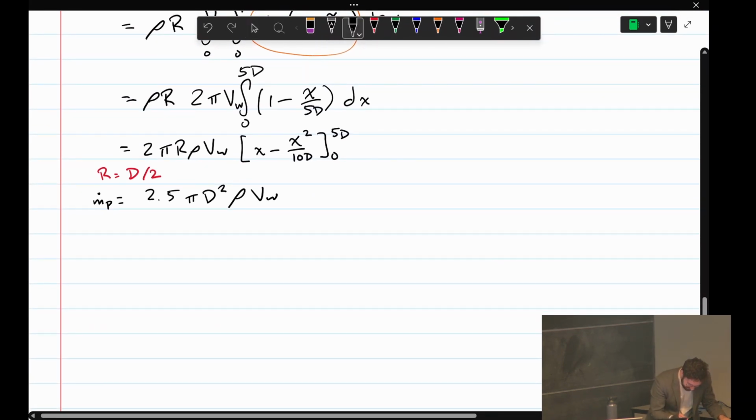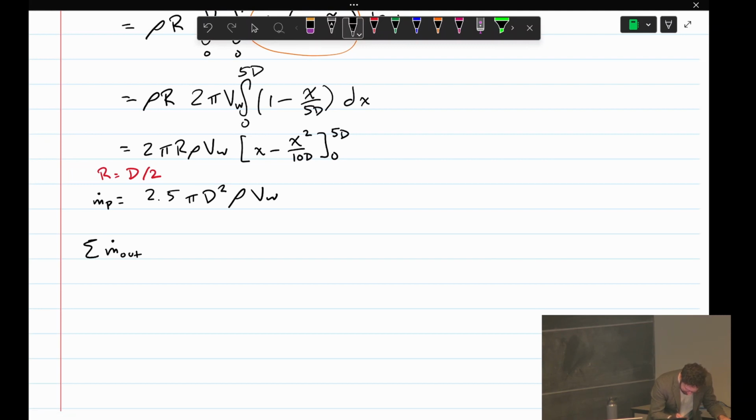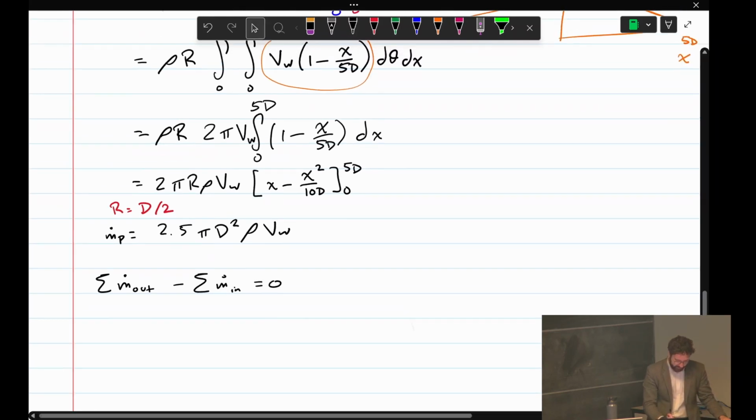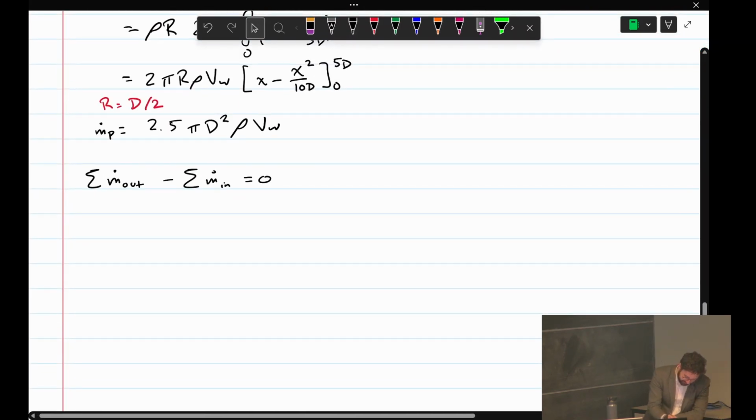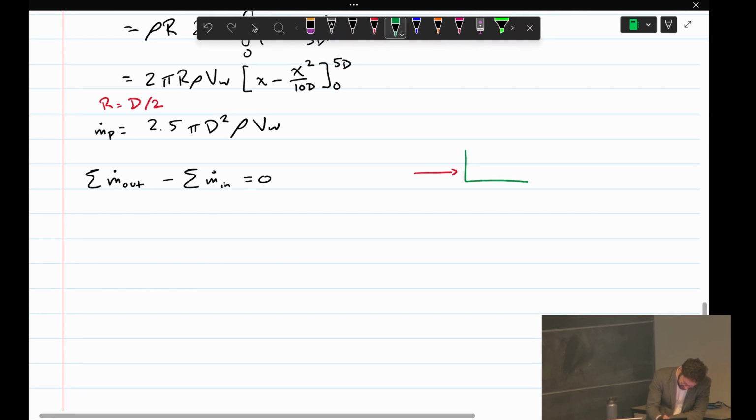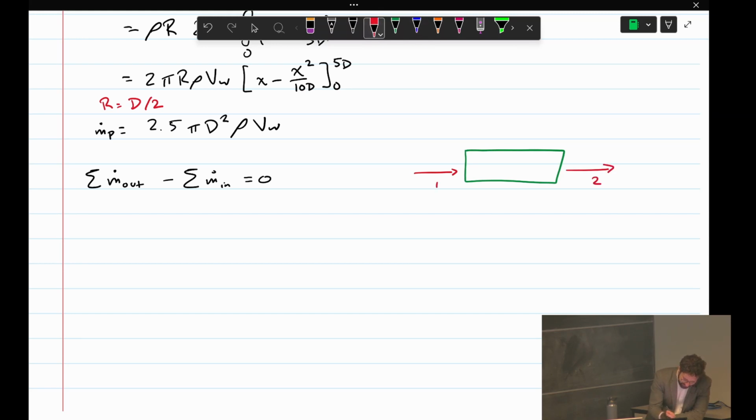Okay, so now we're going to do our mass balance. We have mass coming in like that. So that's 1. We have mass leaving here. That's 2. The mass that we've just found, this m dot p, is the mass leaving from this entire porous section.